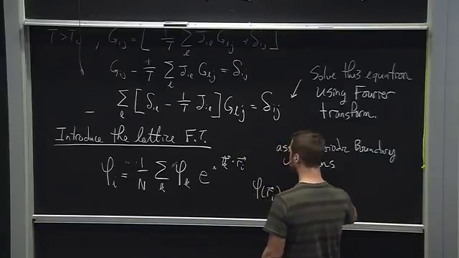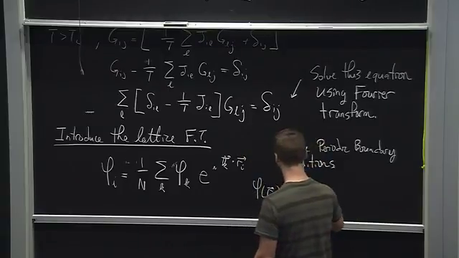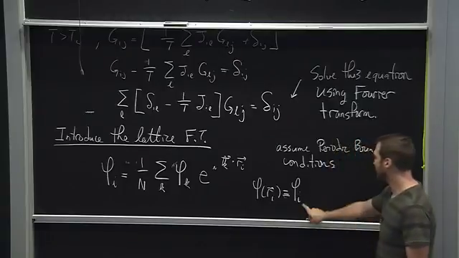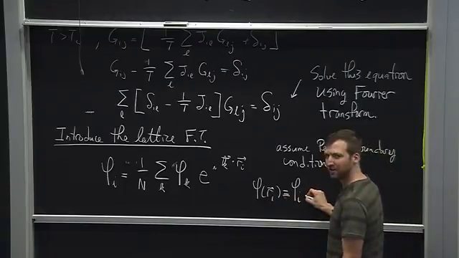So let me define that field. phi_i is phi at this position vector r_i.